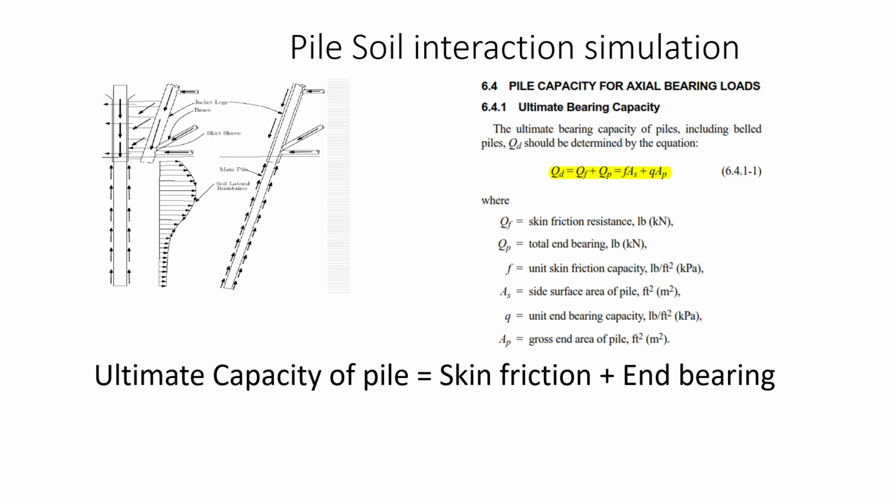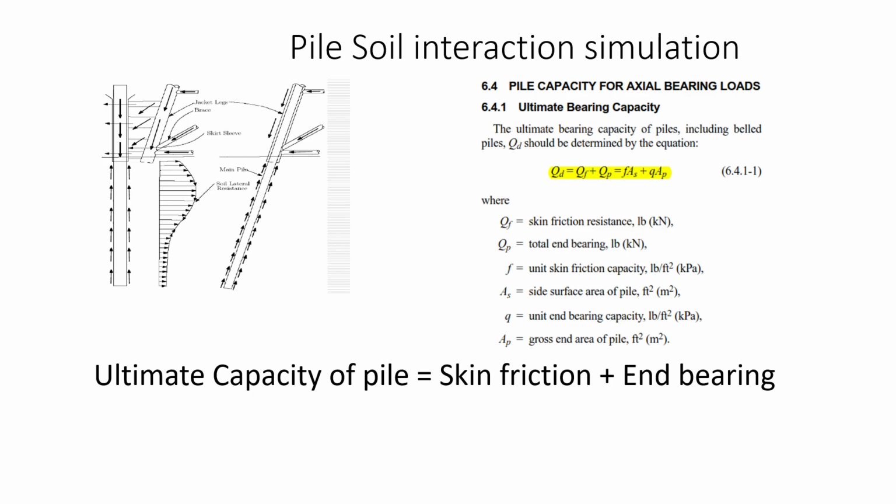Same like that here, in order to come up with the pile, we have to model the soil properties in the software. The ultimate capacity of the pile equals skin friction plus end bearing. But in onshore, we consider only the end bearing. Where the footing is resting, only that SBC we consider.